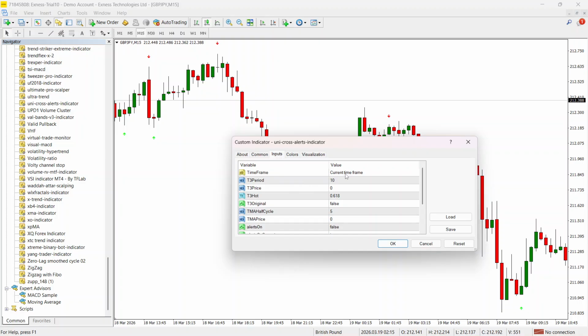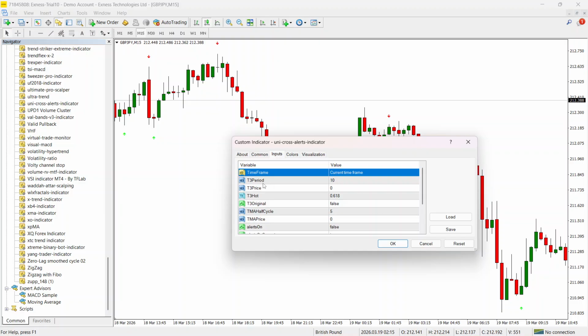When we go over to the settings, we have the T3 period, T3 price. The T3 period controls the look back period or look back length of the T3 moving average used inside the indicator, affecting how quickly or slowly it reacts to price changes.